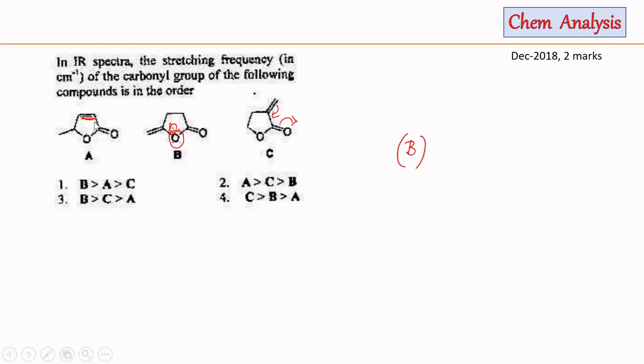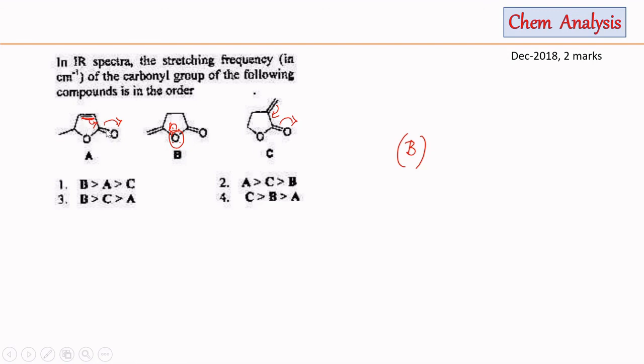so it will be in proper orientation to take part into resonance with this carbonyl group, and therefore it will reduce the stretching frequency of this carbonyl group more than that of C, since in this case the double bond is an external double bond, that is an exocyclic double bond, and it is not in such proper orientation as this double bond which is within the ring.